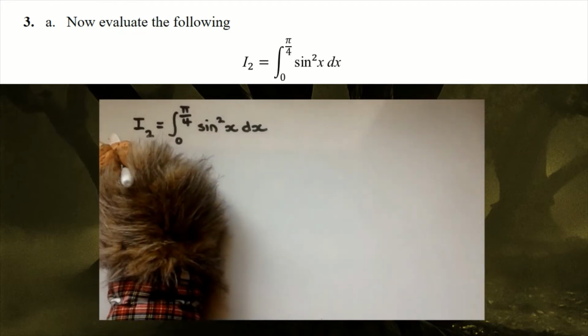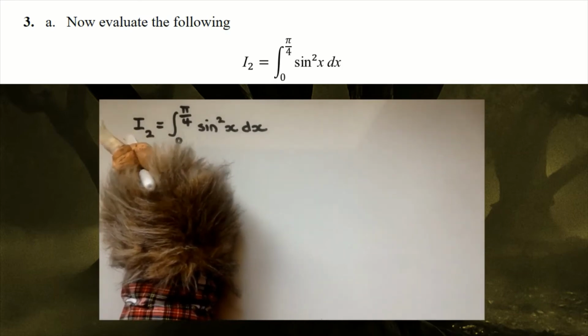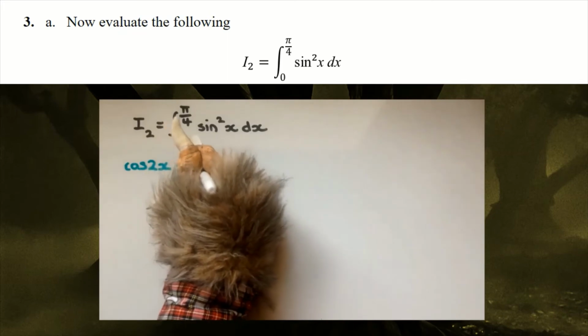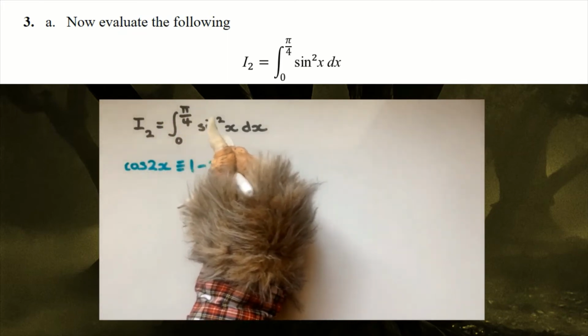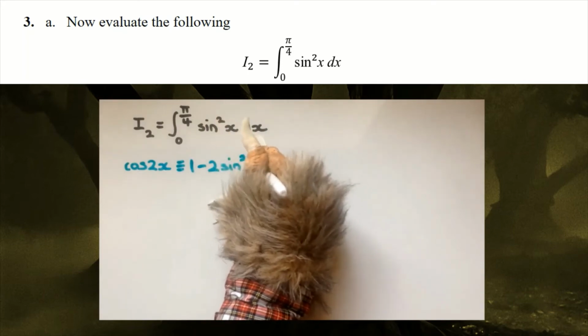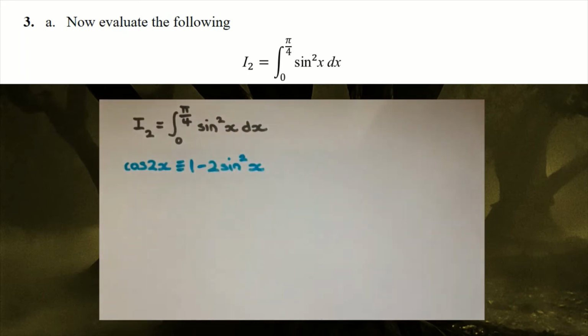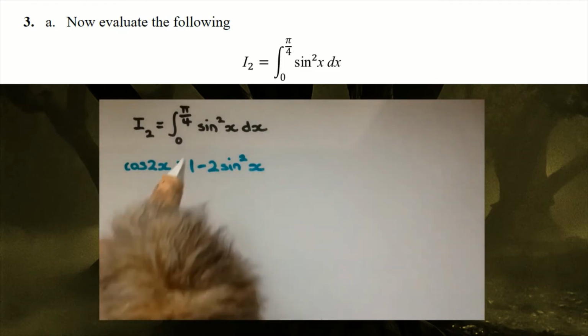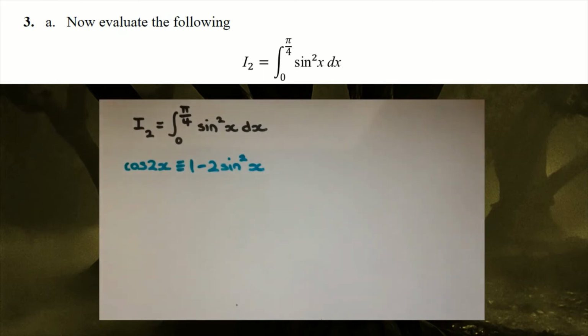So cos 2x is identical to 1 subtract 2 sine squared x. Remember, these identities are not provided. You have to know them, or you can derive them from the compound angle identities, but that's another matter. And if we rearrange this identity, we then have something we can replace our sine squared in the integrand with.